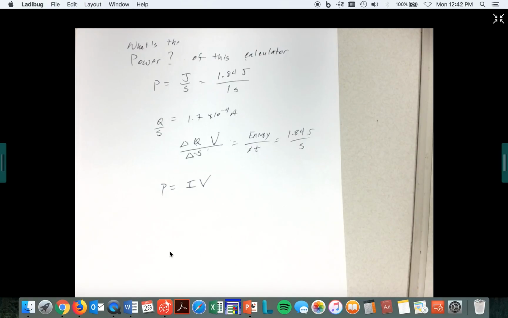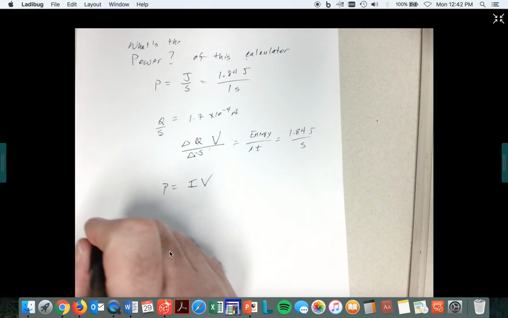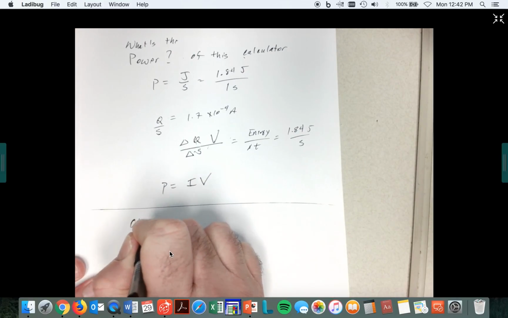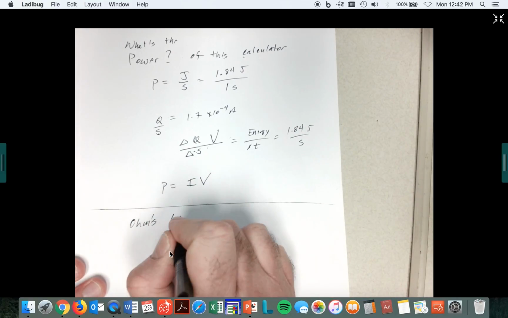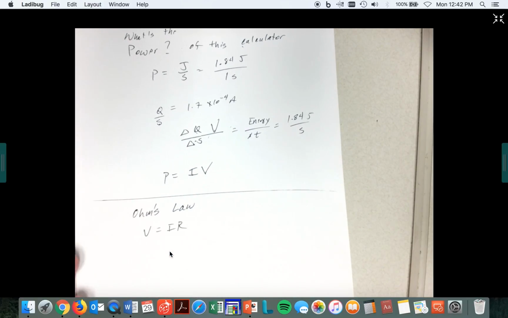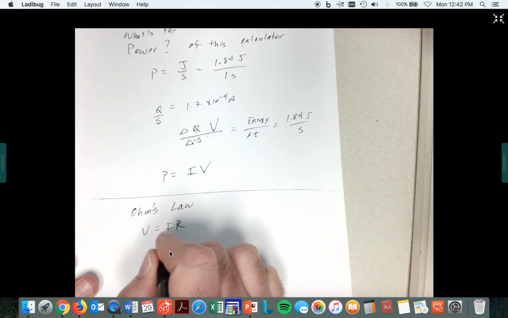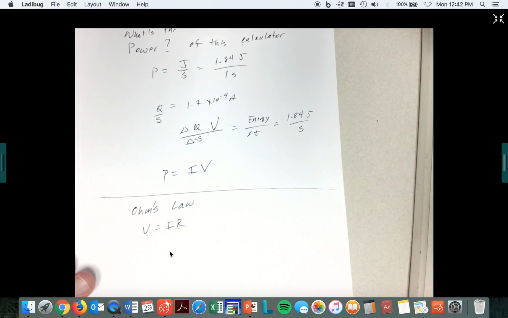For the most part, now I'm not going to say, I was getting ready to say resistance doesn't change. When you're working a problem where V equals IR, so we've got Ohm's law, which says that V is equal to IR, where R is the resistance, I is the current, and V is the voltage of the system.